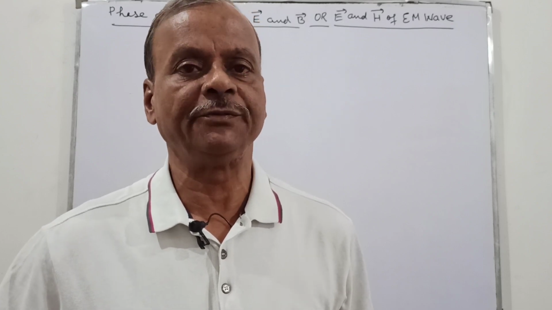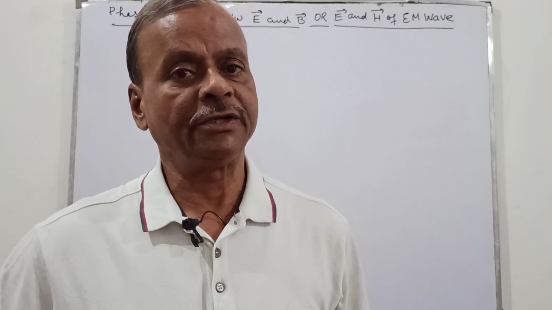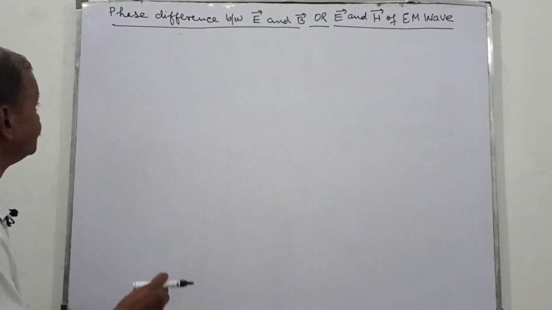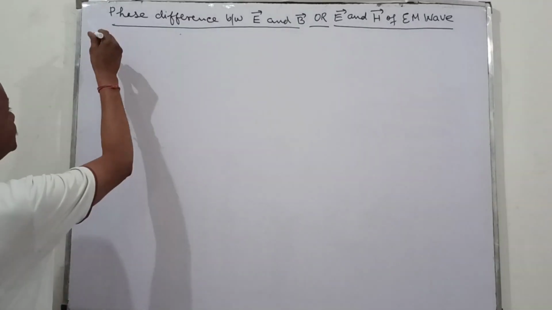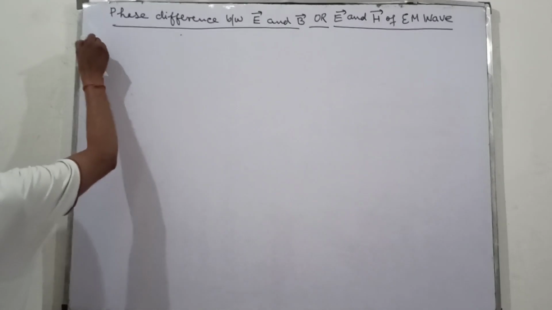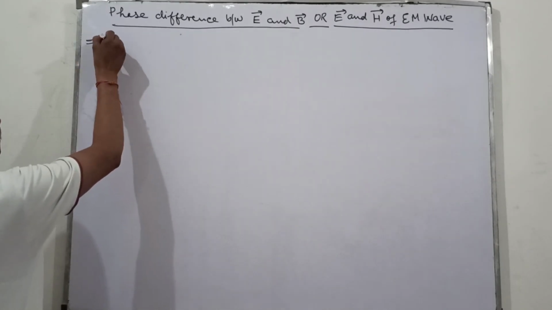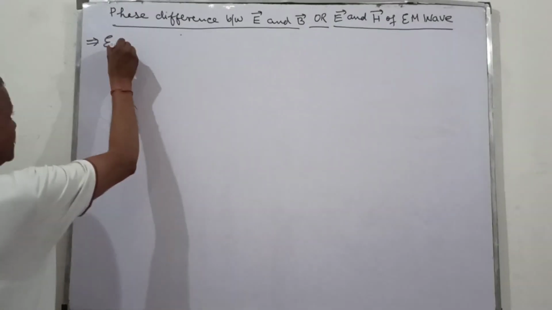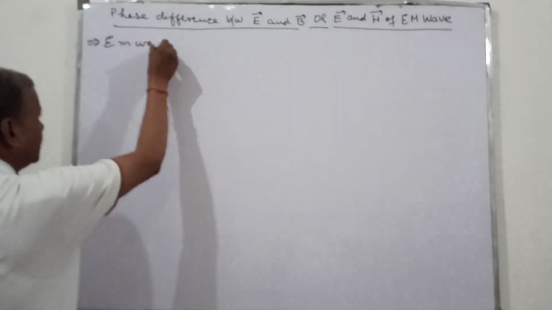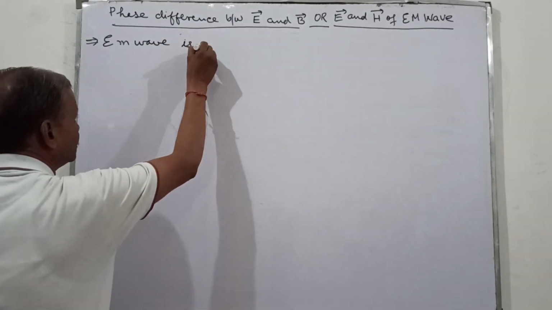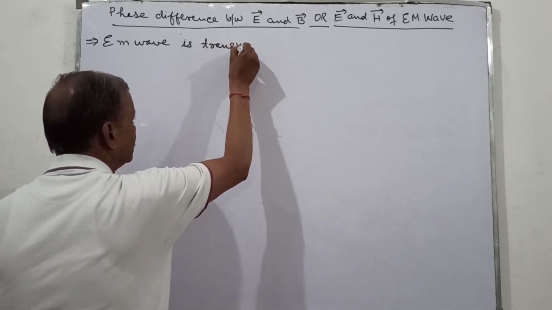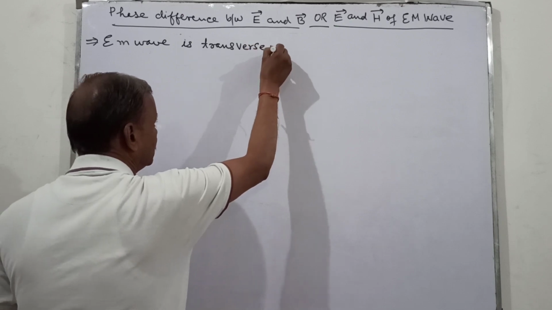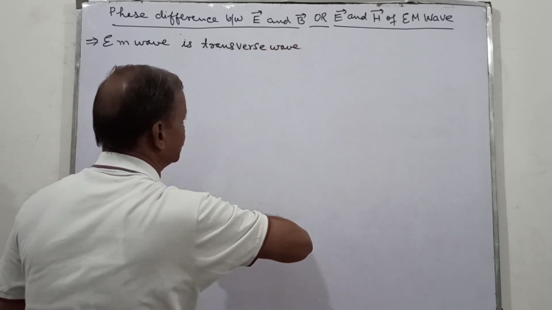It means that E and B both are mutually perpendicular to each other. EM wave is a transverse wave.